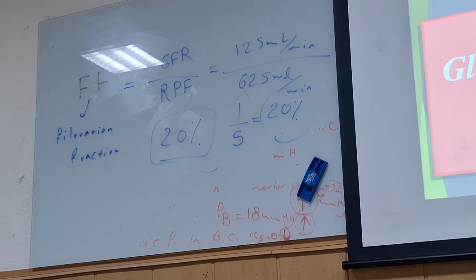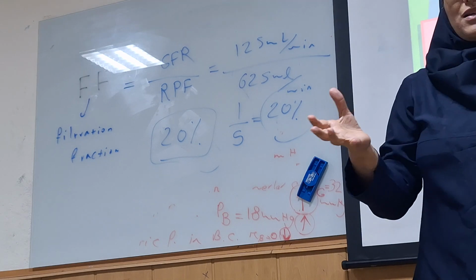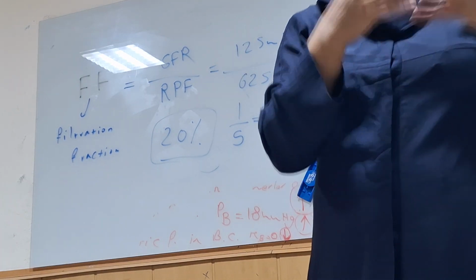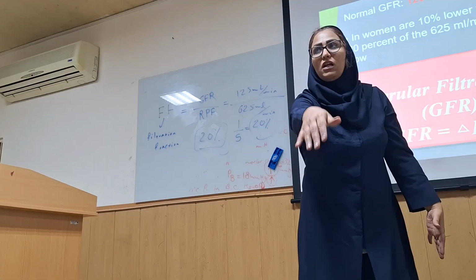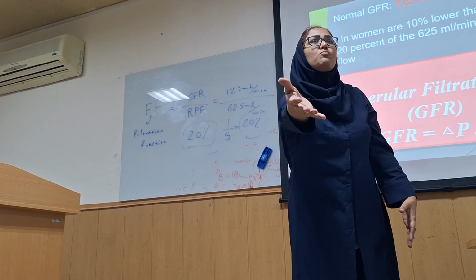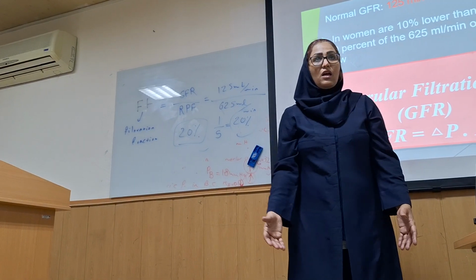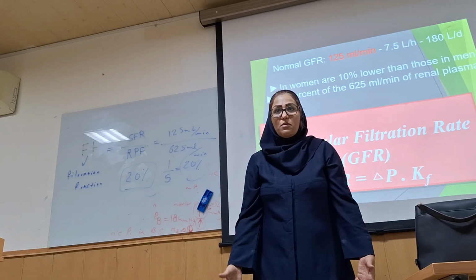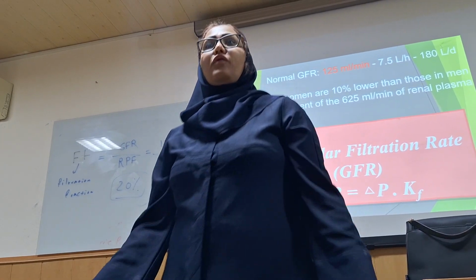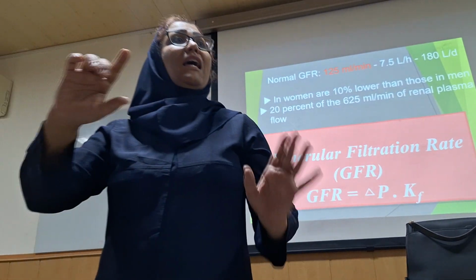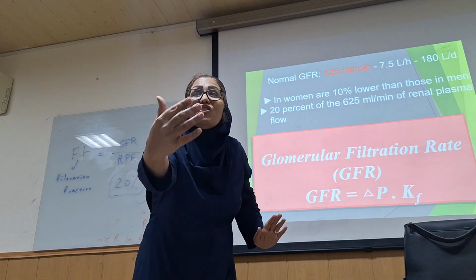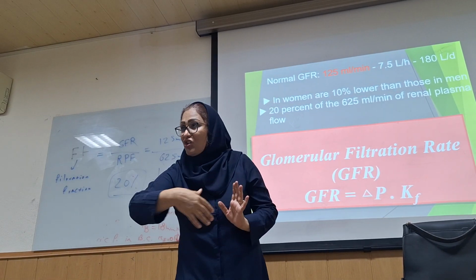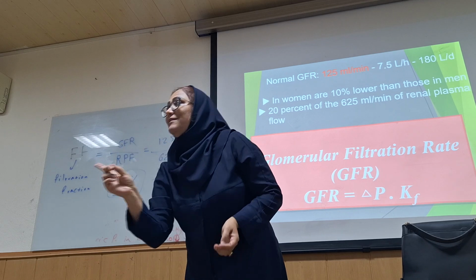Pay attention to this. Suppose that here we have plasma and the other side is Bowman's capsule. It doesn't mean all plasma which is here begins to move to the other side. It means we have the same concentration. Filtration is based on simple diffusion.